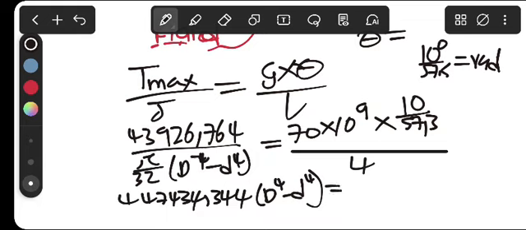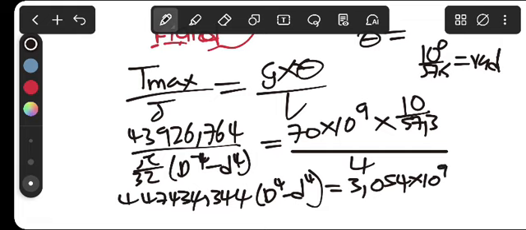Then I punch that again: 70 times 10 to the power of 9 multiplied by 10, divided by 57.3 for the bottom. Typically a long value, I'll just write 3.054 times 10 to the power of 9.